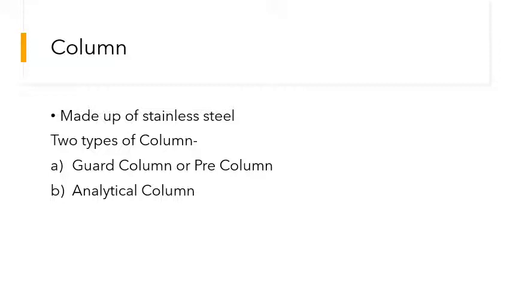Here the difference is that in HPLC we have two types of column. One is the small size column, which is called the guard column, or a pre-column. This is very important in HPLC.